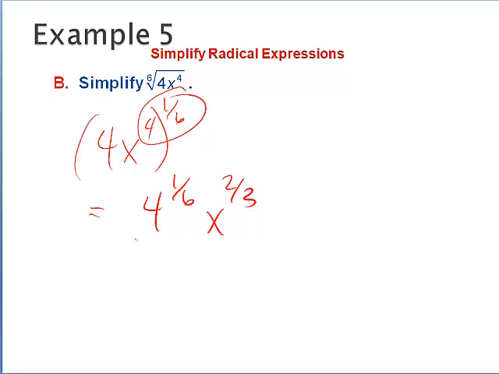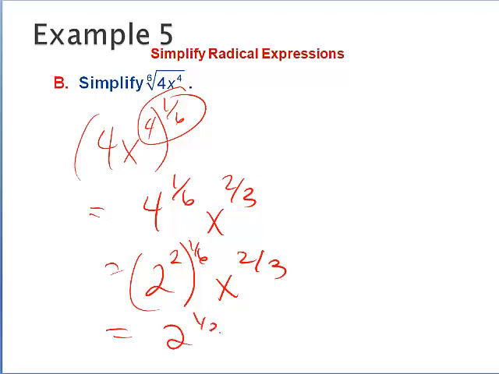If I want to simplify this further, I can change this to be a base of 2. And so that would give me 2 to the 1/3, x to the 2/3, which is the same as this.